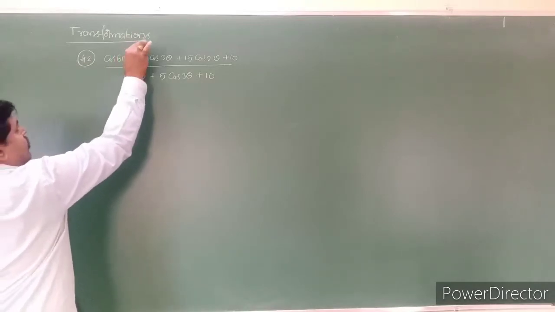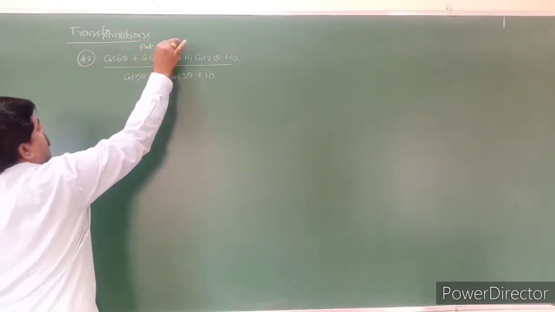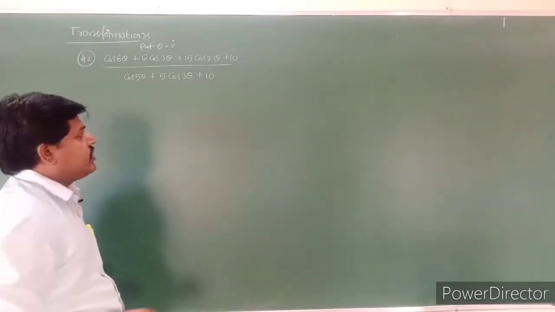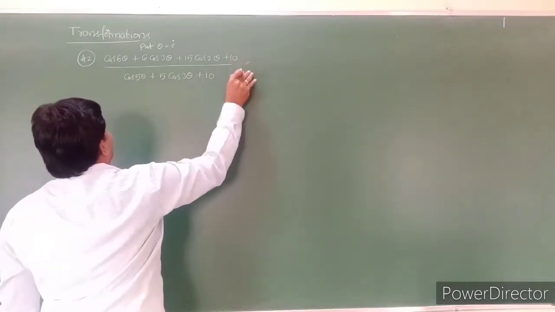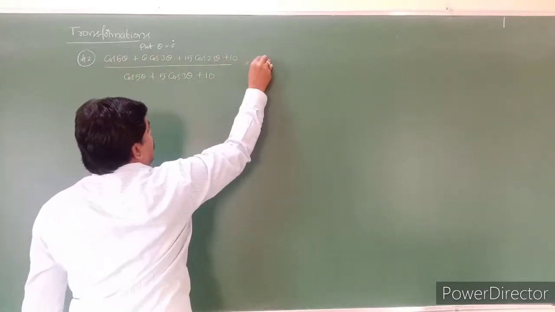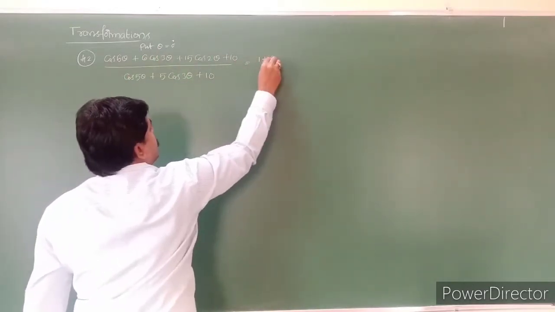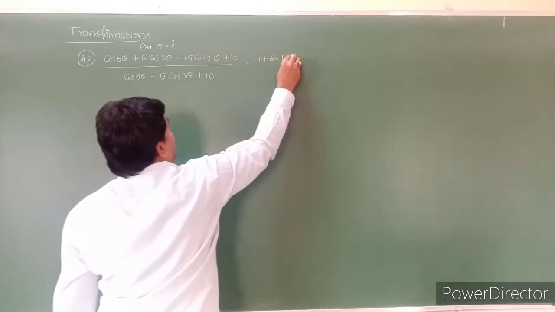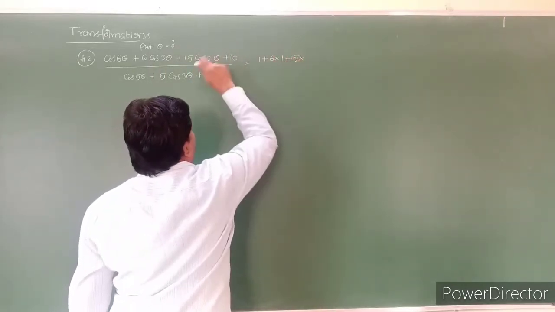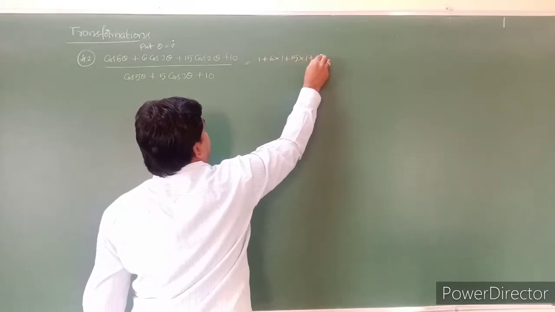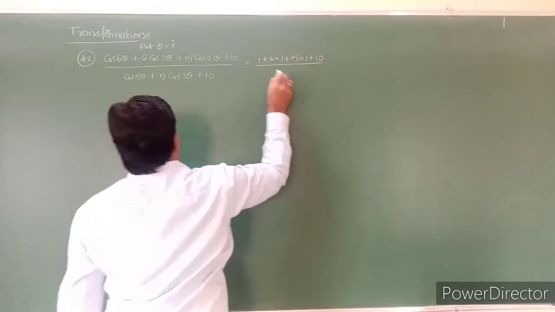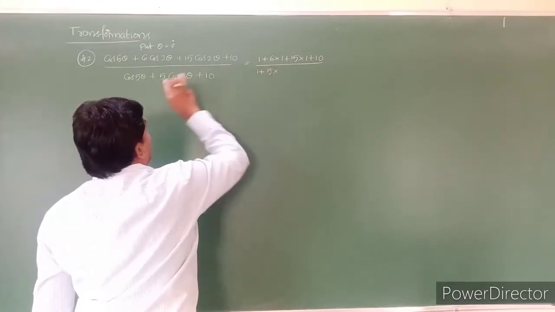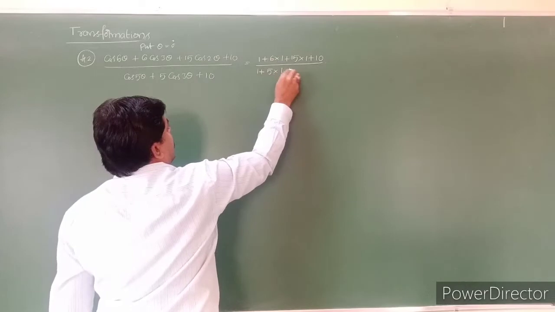Put theta equal to 0 degrees. If theta is 0, then what happens? So see this question, students. That is nothing but cos 0 is 1, plus 6 into cos 0 which is 1, plus 15 into cos 0 which is 1, plus 10, by cos 0 which is 1, plus 5 into cos 0 which is 1, plus 10.